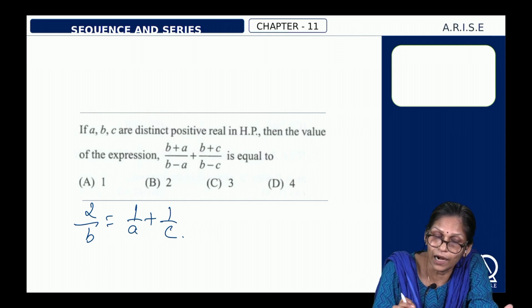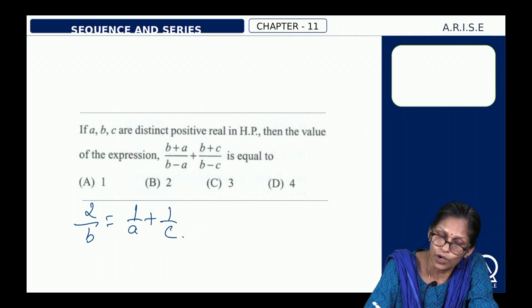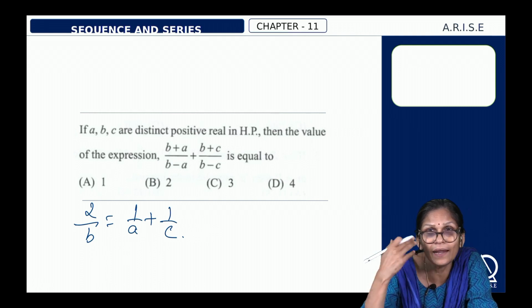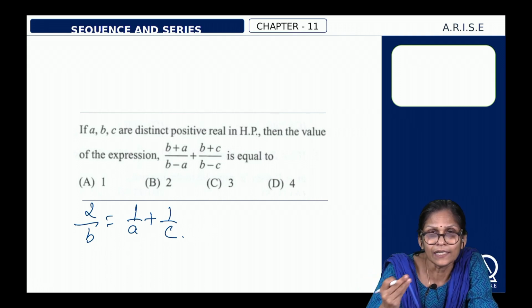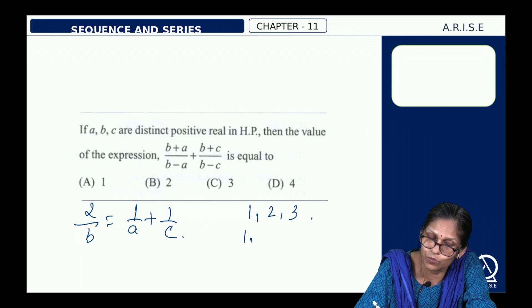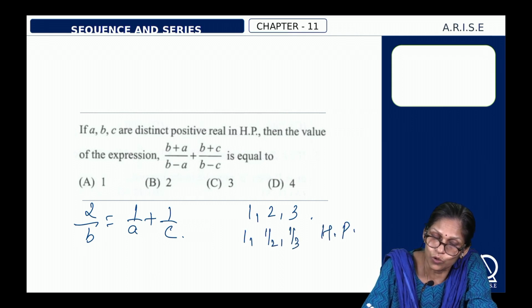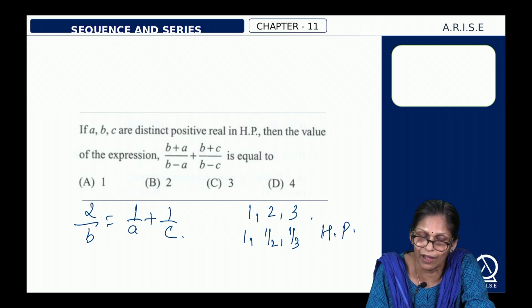A, B, C are distinct positive real numbers in HP. So, can't I write? That means their reciprocals are in AP. Take a simple AP as 1, 2, 3. So, their reciprocals, that is 1, 1 by 2, 1 by 3, are in HP. So, can't I take A, B, C as 1, 1 by 2 and 1 by 3? In which case, let's substitute and find the values here.